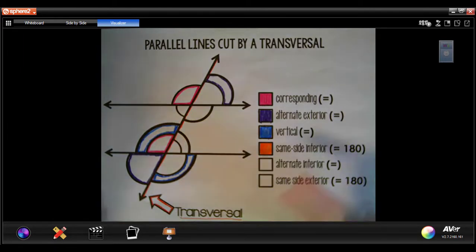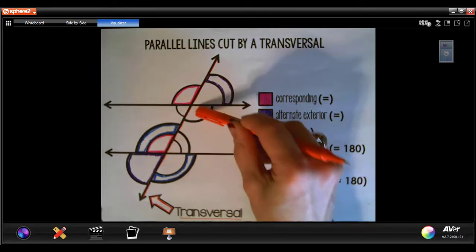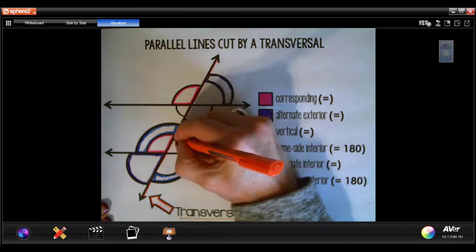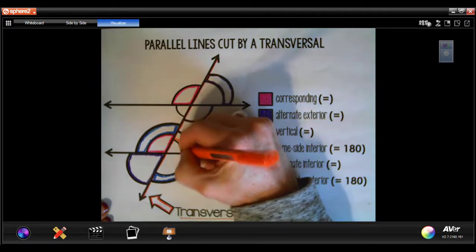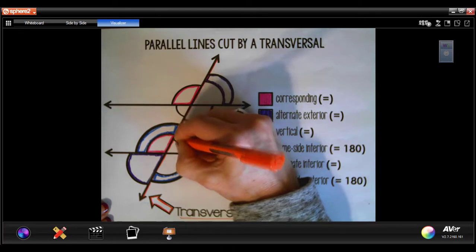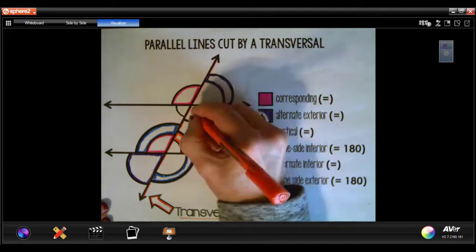So same side interior. These 4 angles are our interior angles. And same side interior, I'm going to pick this one. And you can see the arc is about the same size here. Okay, so I'm picking this one and this one.